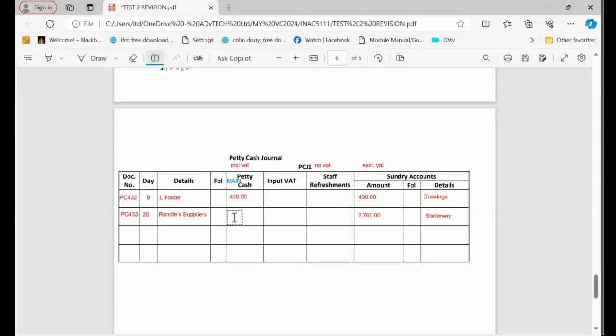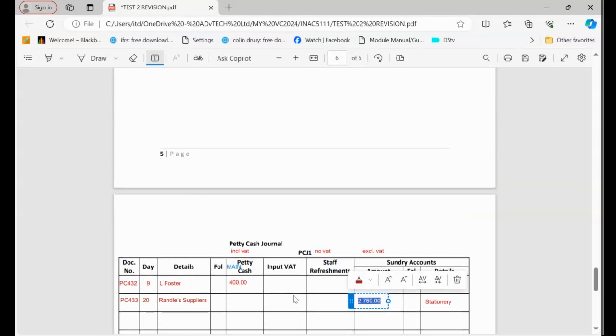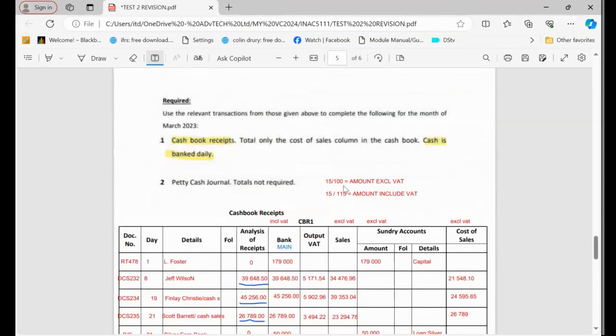Does that make sense? Immediately after recording this 2760 here, we need to go and calculate VAT because it's vatable. But we need to ask ourselves a question. Remember I said you need to check if the amount is including VAT or excluding VAT. This one is excluding VAT, so I'm going to use 15 over 100.